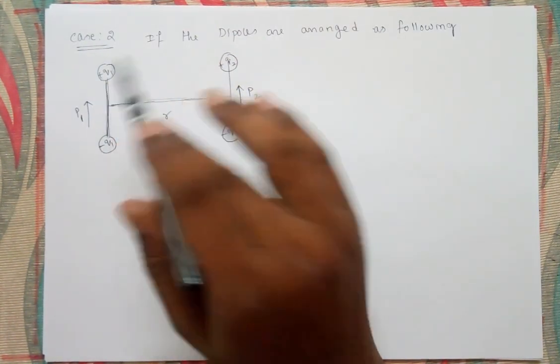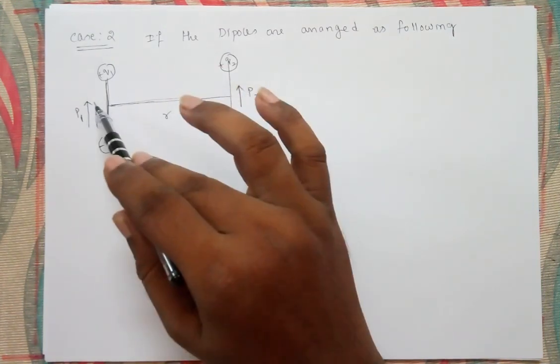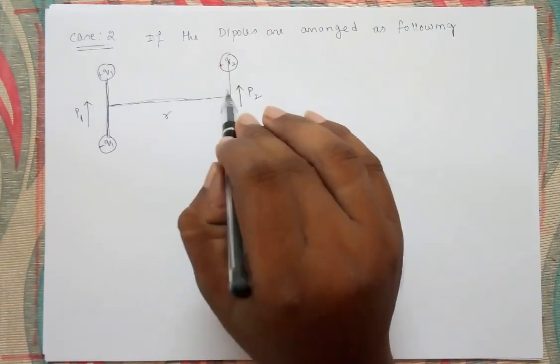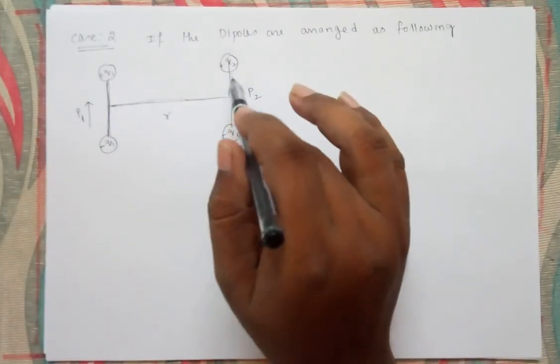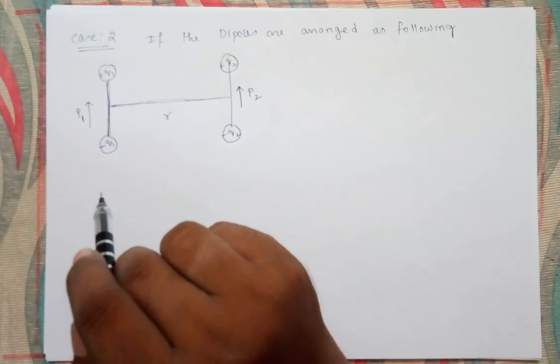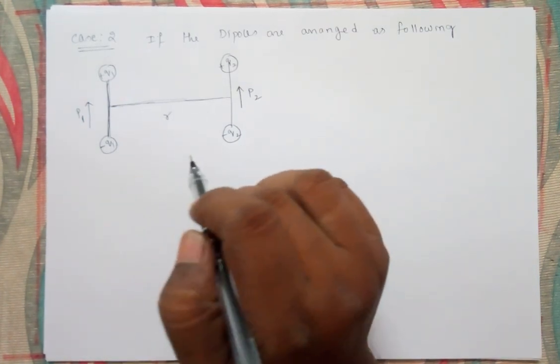Now in this case also there is a force between the dipoles. This dipole will exert a field. What kind of field will it produce? It is the equatorial electric field. In the same way, this dipole also will exert an equatorial electric field on the other. So what is the expression for the equatorial electric field?